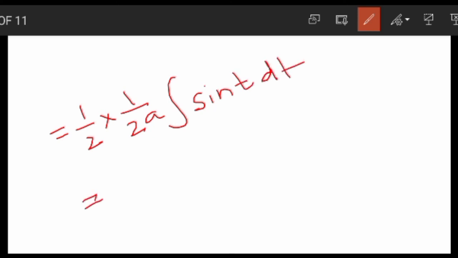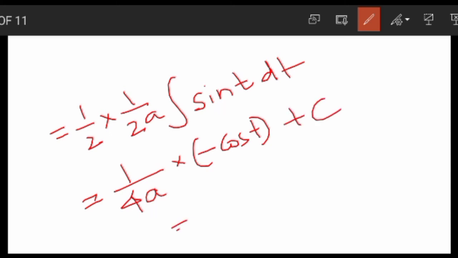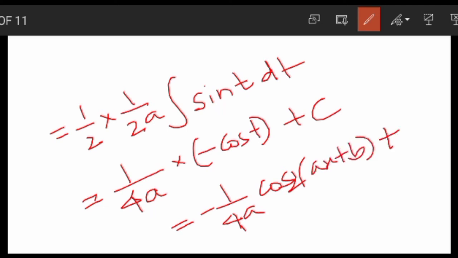Okay, now integrating, we have 1 by 4a into minus cos t plus c. Now substituting the value of t, that is 2(ax plus b), we have finally minus 1 by 4a cos 2(ax plus b) plus c, which is the required answer for this problem.